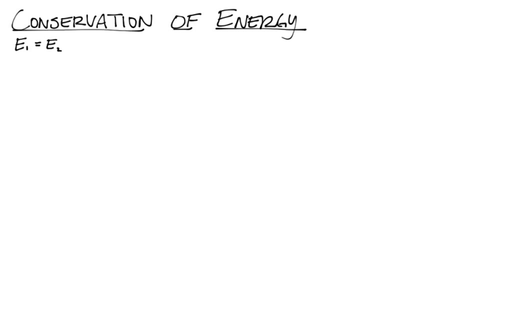There's no difference in energy for any given system at any different point. It may change forms, but the total energy is going to be the same. So when we're doing conservation of energy type problems, regardless of the points that we're choosing, the energy is the same at all of those points. So all we're doing is choosing two different points and setting their energies equal to each other. And we hope to get the information that we want.